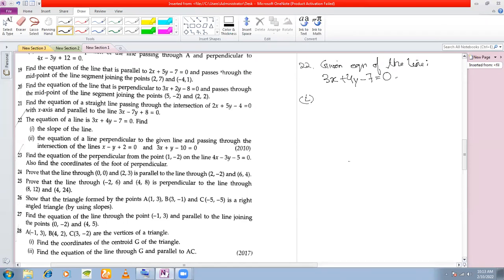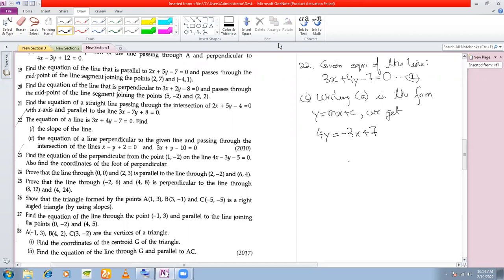Okay, how to find the slope of the line? If I call this line A, because I have part 1 here, writing A in the form y is equal to mx plus c, we can write the given equation as 4y is equal to minus 3x plus 7.